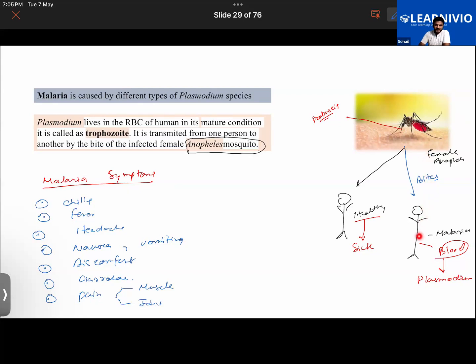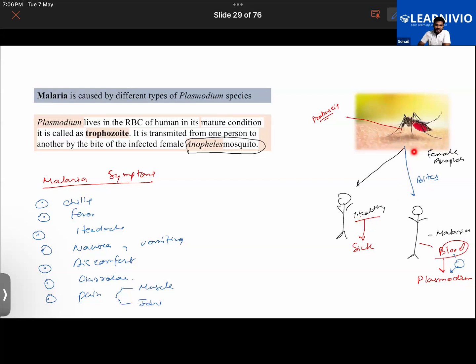What does it do? Suppose it sits on this person to suck the blood. While sucking the blood, it will get the blood, and in the red blood cells, plasmodium will be found. Like this is the red blood cell, and in this plasmodium will be found. So next time when it sits on another healthy person to suck blood, what will happen?